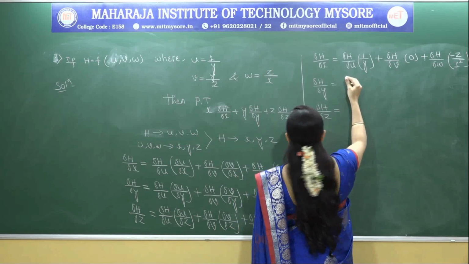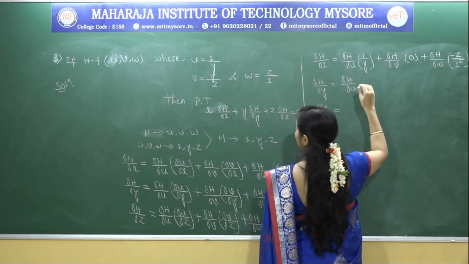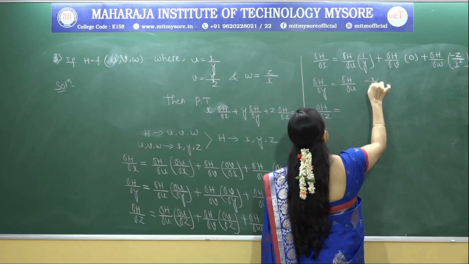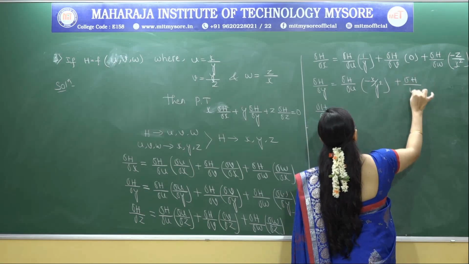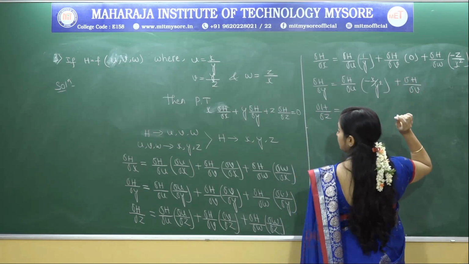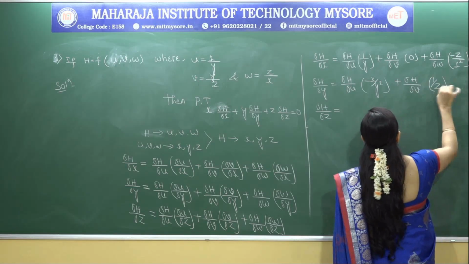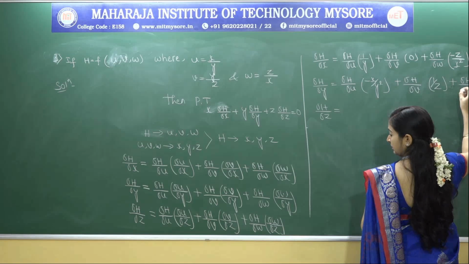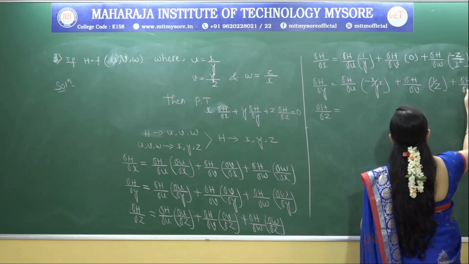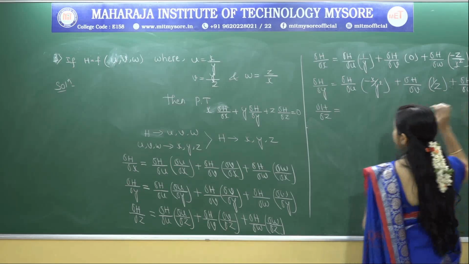So the first one, del H divided by del U, U with respect to Y, minus X by Y square, del H divided by del V, V with respect to Y, 1 by Z, del H divided by del W, W with respect to Y is 0.